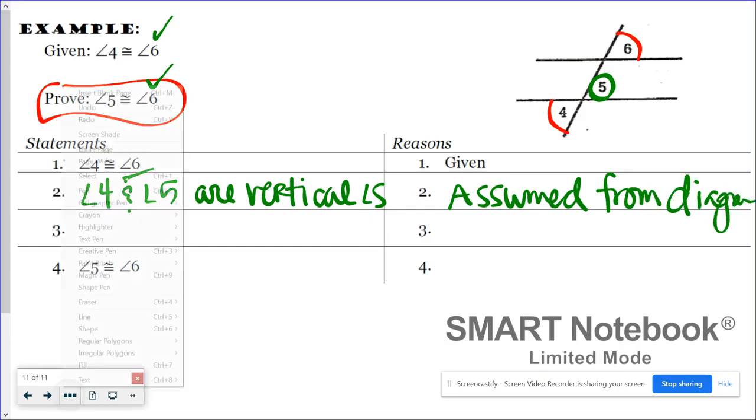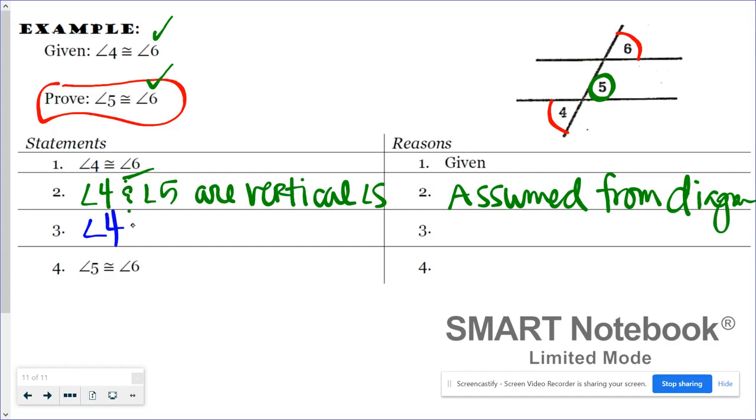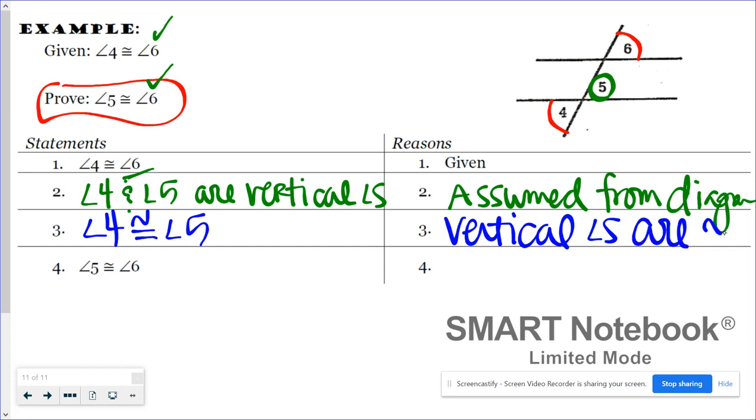Okay, then what? That's right. We should immediately follow that up with that angle 4 is congruent to angle 5 because vertical angles are congruent. So now angle 5 is in our proof. So we just proved that angle 5 is congruent to angle 4.